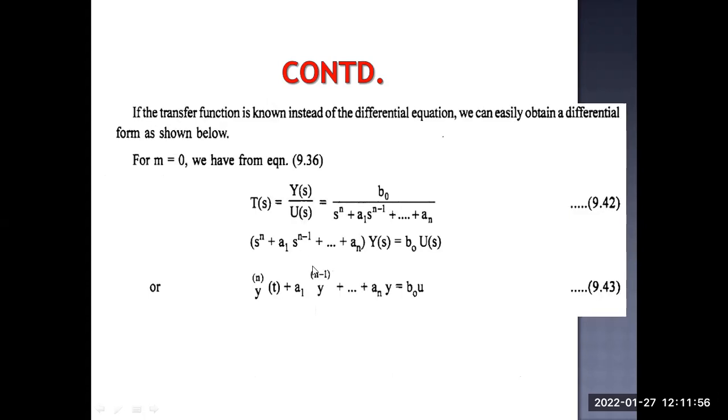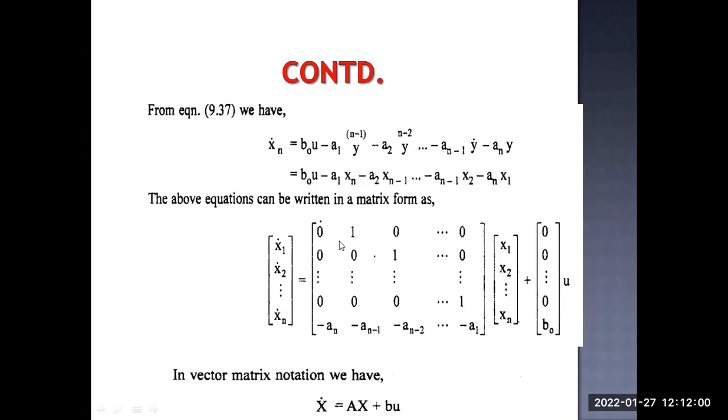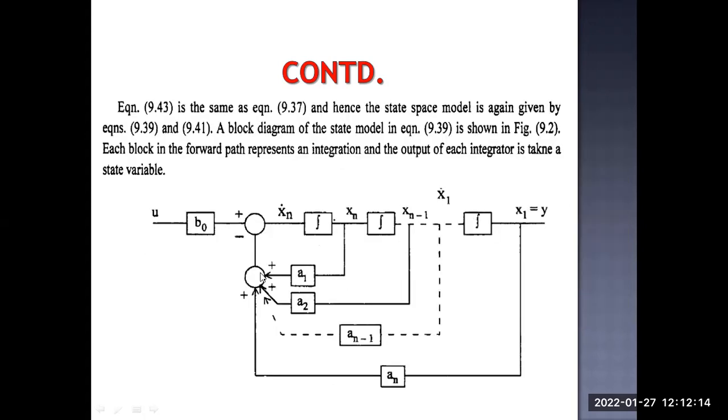What we have shown is this equation: xn dot equals b0 u minus a1 xn minus a2 x(n-1) and so on, minus an x1. This thing we have written here.